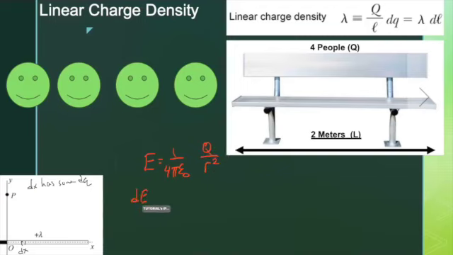And we know that this is just K, so K dq over R squared. I'm not going to go over how to solve this problem. I will say, in terms of setting it up, my normal process is identify what's changing. Once you identify what's changing, you're able to set it up. So for these types of problems, one, we know we're going to need to find dq.